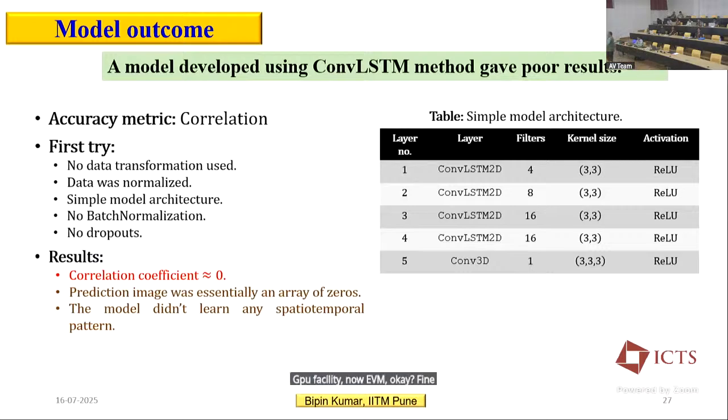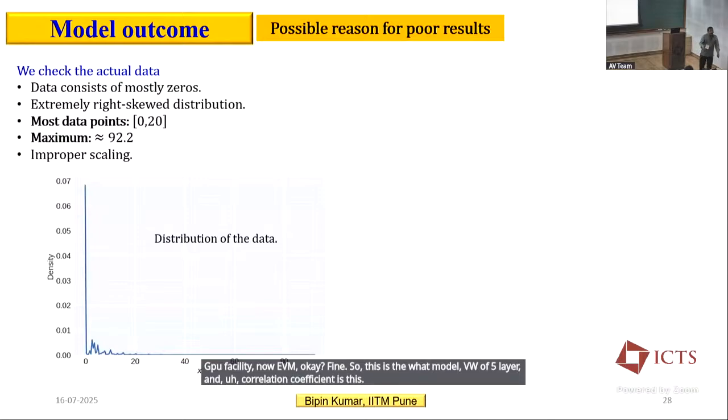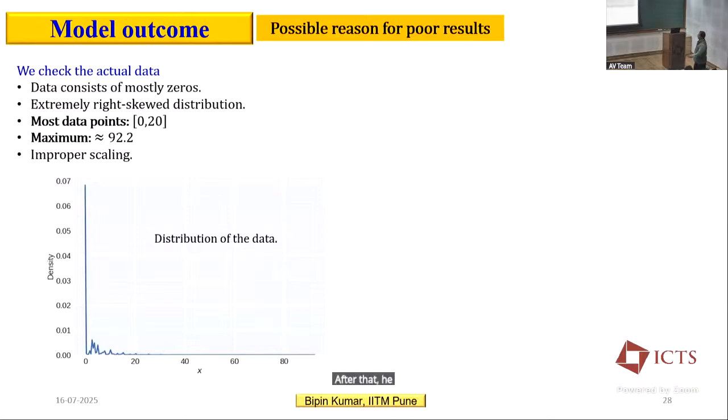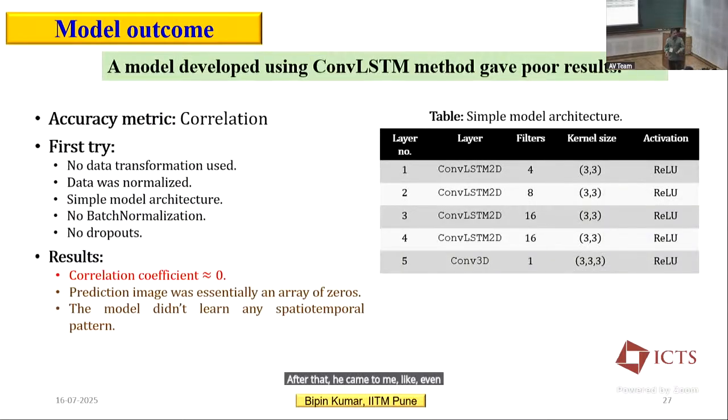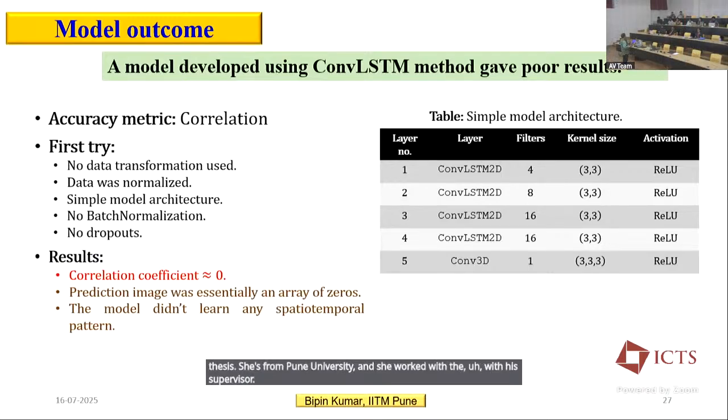So this is the model. We developed 5 layers and the correlation coefficient is this. After that, he came to me, like even now students do. The previous student working on this radio sound data is just finishing her thesis. She's from Pune University, and she worked with her supervisor for maybe 5-6 months.